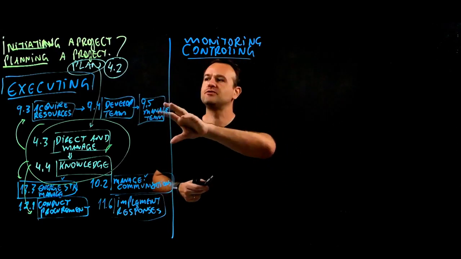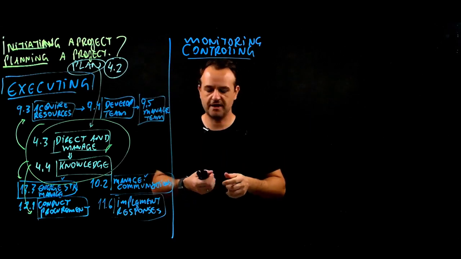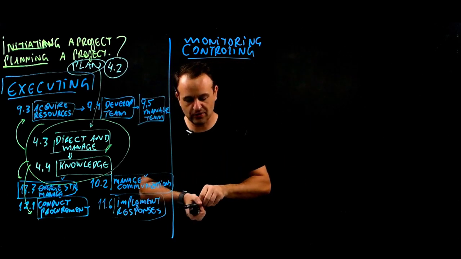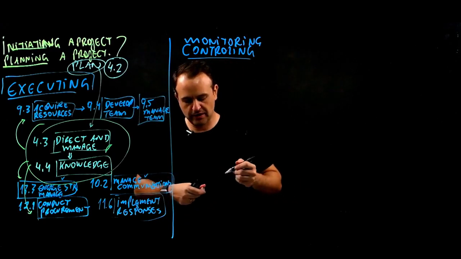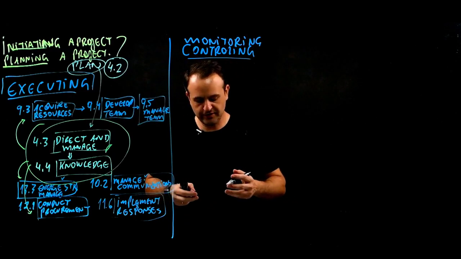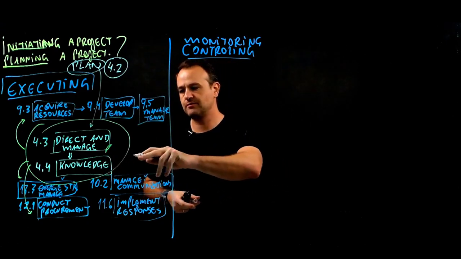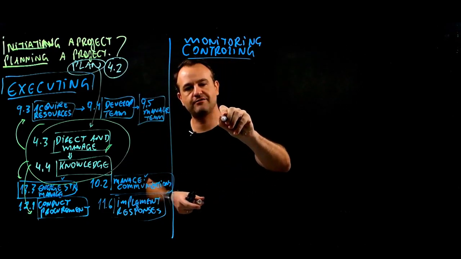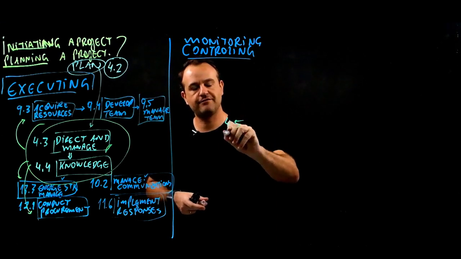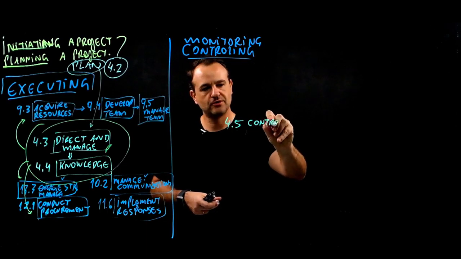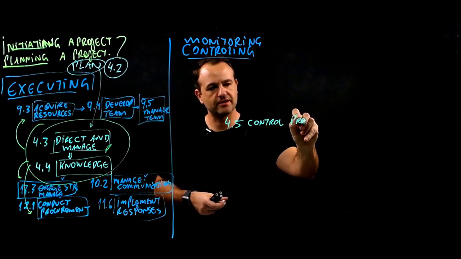And in parallel to the execution, as we execute the project, then we have the monitoring and controlling. And in monitoring and controlling, you also have two different processes here related to the integration. So we manage knowledge. Here we have 4.5, where we control project work. Control project work.